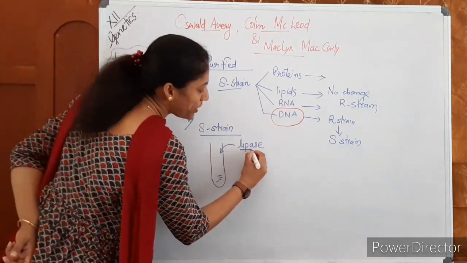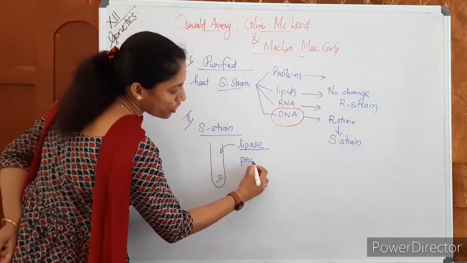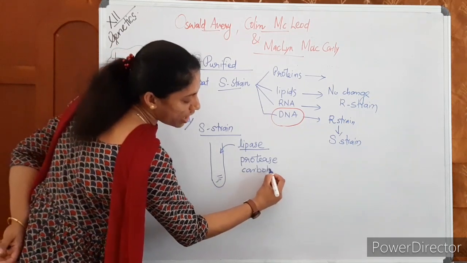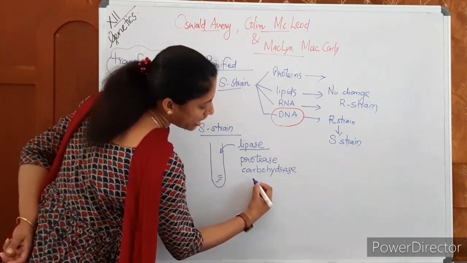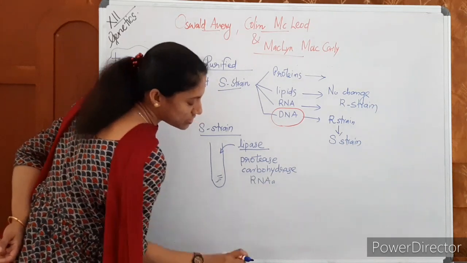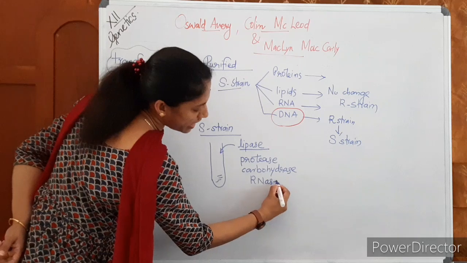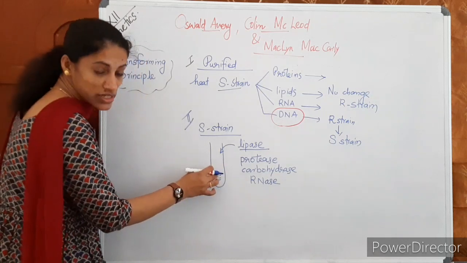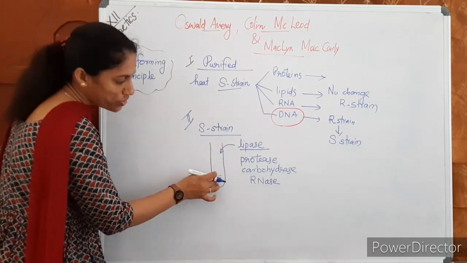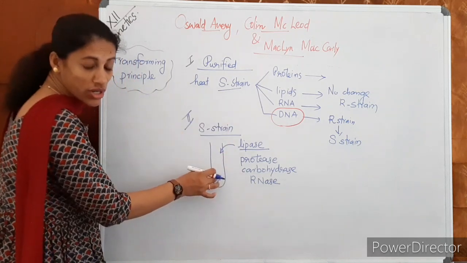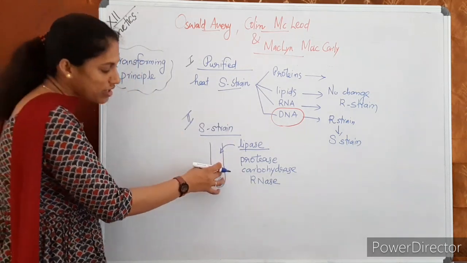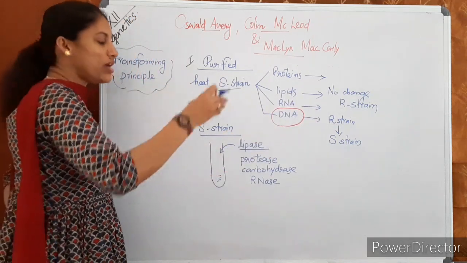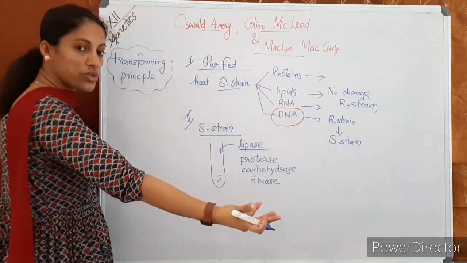Likewise, when lipid is digested with lipase, protein with protease, carbohydrate with carbohydrase, RNA with RNase, all these biomolecules are digested. But it did not affect the transformation. Still, when this is injected, R strain is changing to S strain.